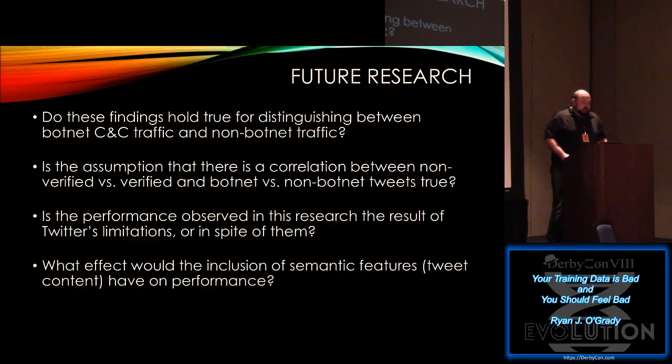And then the Twitter limitations that I talked about: is the performance that's being observed here in spite of those limitations, or is it some artifact of those limitations itself? So for example, I could only use verified accounts that had tweets from 2010 up to 2018. That right there is a limitation and a self-selection criteria where a lot of other accounts were left out, especially high volume accounts, because they put out 4,000 tweets in the last 2 years.